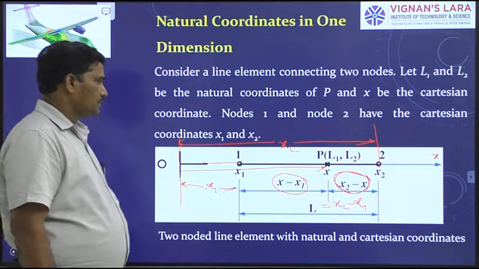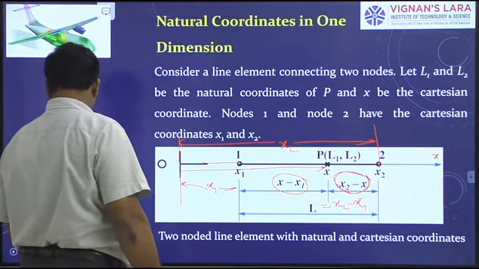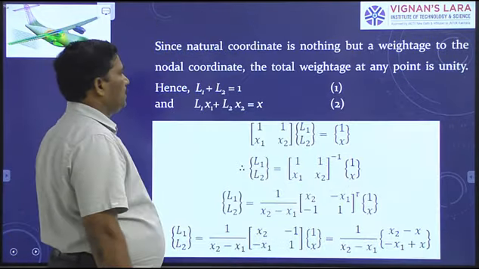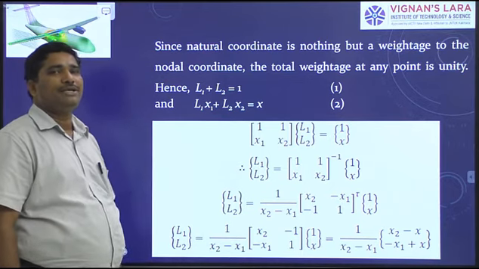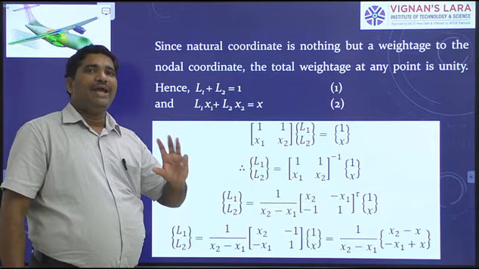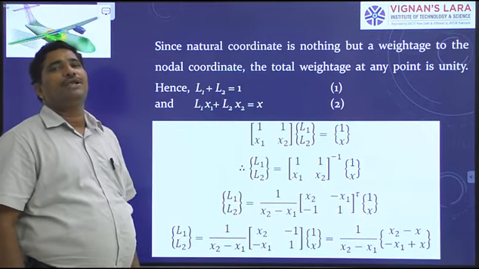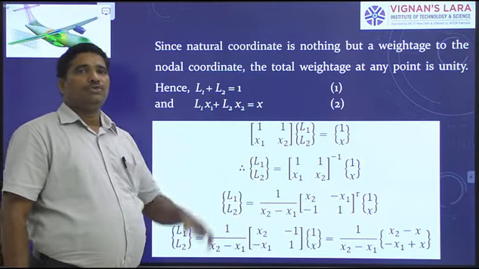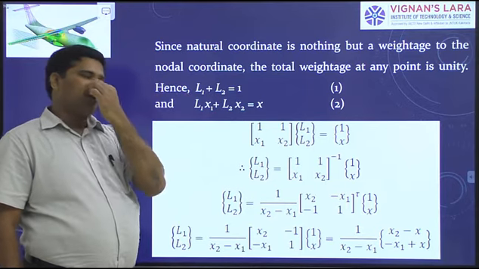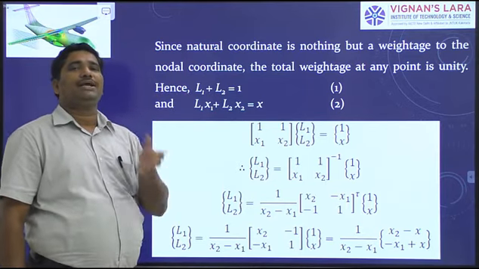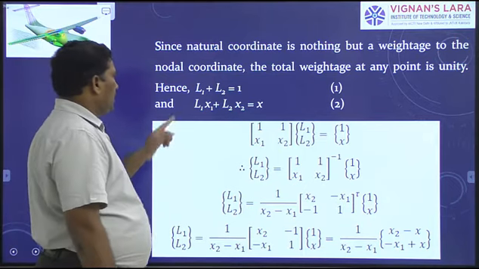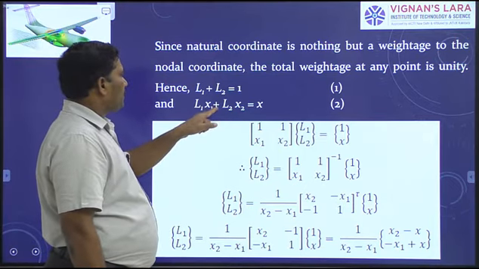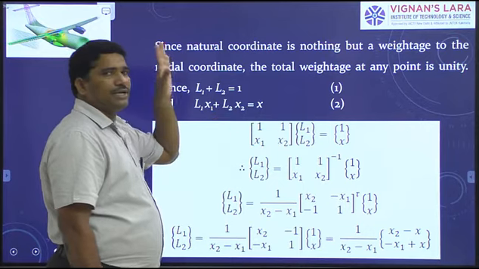Now, as I said, natural coordinates are determined by giving weightages to the global coordinates. You have to impose weights to the global coordinates. What is the global coordinate here? x. Therefore, L1 x1 plus L2 x2 equals x.